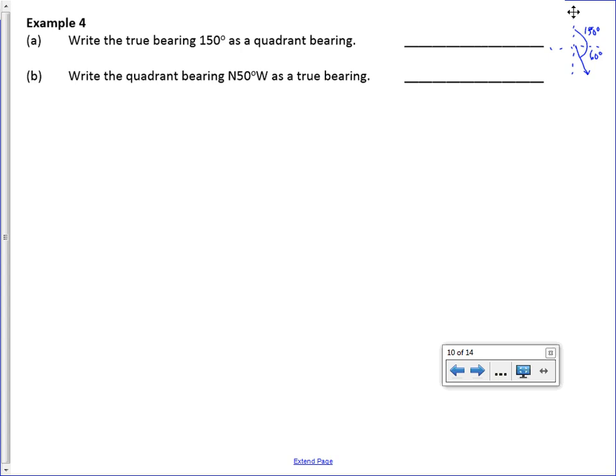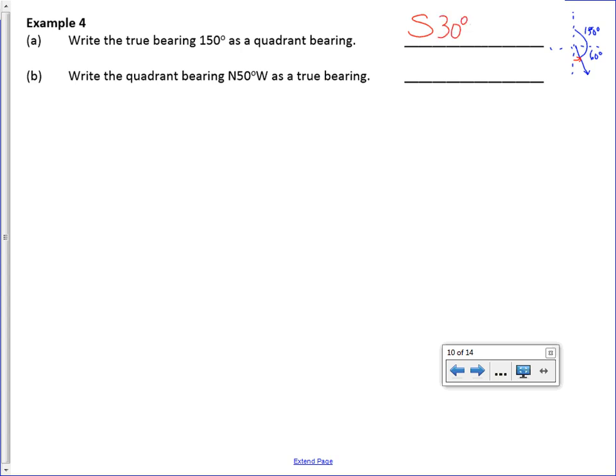Okay. Well, so I'm going to go with the quadrant bearing. So now I'm doing the quadrant bearing. So I'm going to start with south. And if I start with south, then it's the same vector, but if I'm coming from this direction, what's the angle? South, what degree east? 30, right?